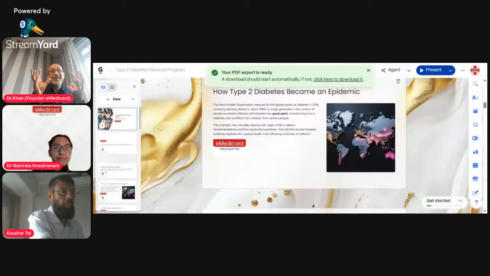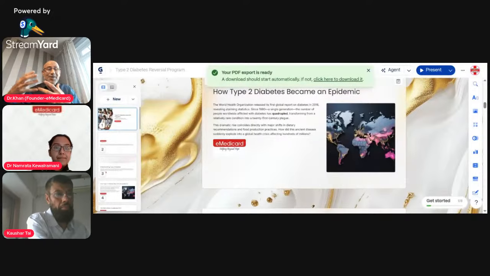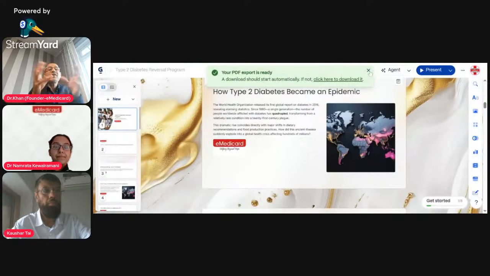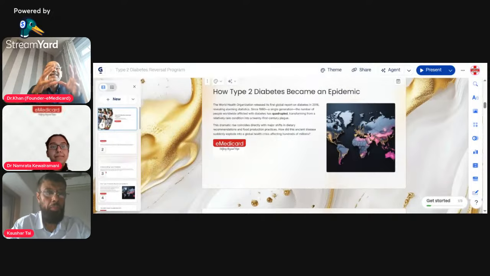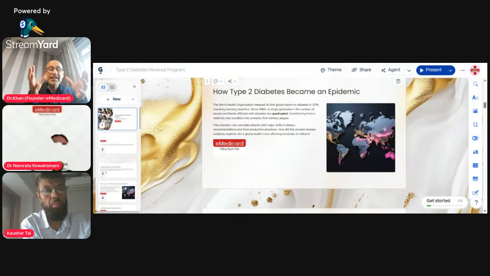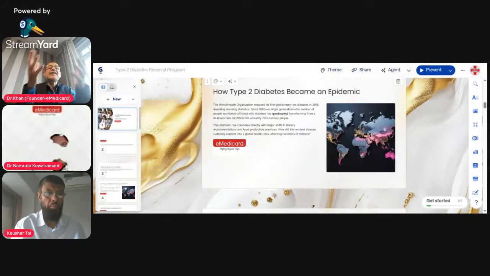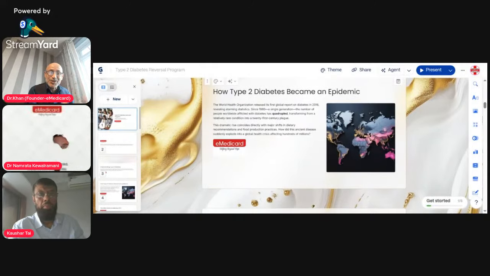We think we are advancing by genetic engineering and all that, but especially in the food industry, we have actually destroyed the protein and the starch of the food. And because of that, when we eat this new, genetically modified food, it is converting into sugar very quickly.